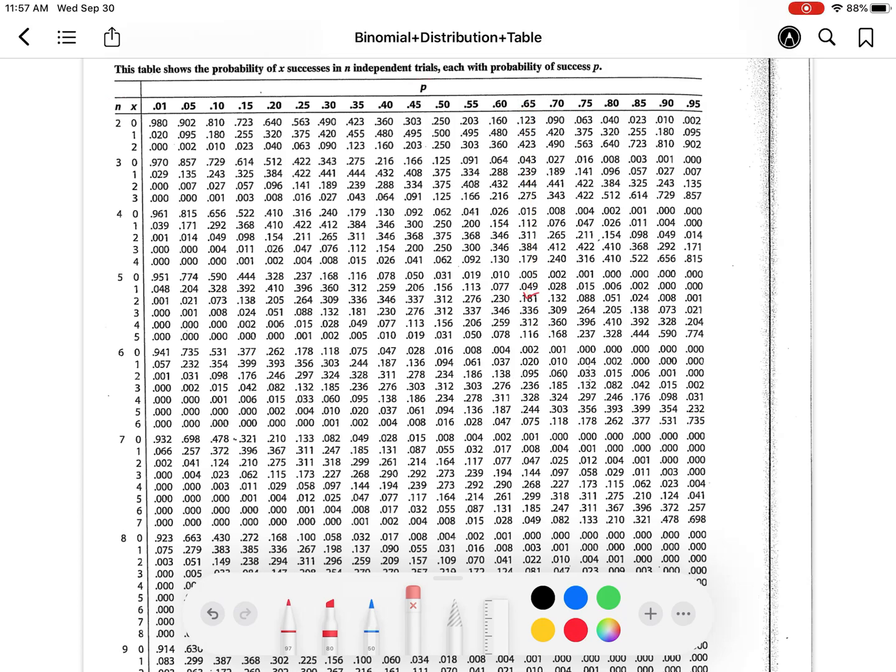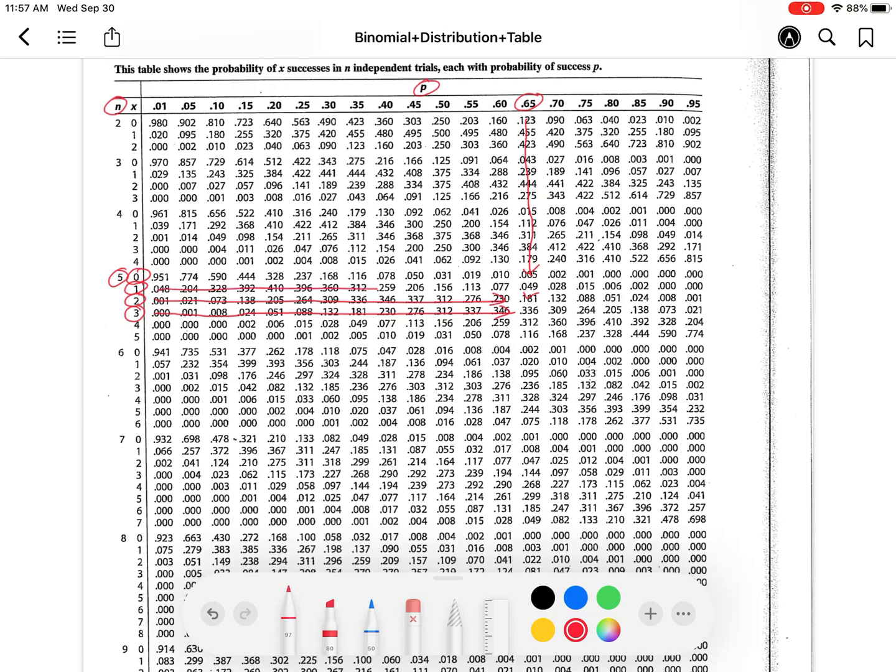All right, so let's go back to our table. I'm going to erase everything and start from scratch just so we're handy at using this. So the first thing you want to do is look up your number of trials. You have a total of 5 people, right? 5 trials. Probability of success on a single trial is 0.65. So we're going to be somewhere down here. And we're interested in 0, 1, 2, and 3.